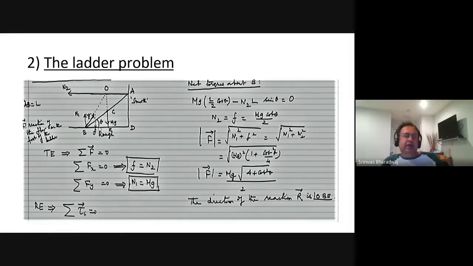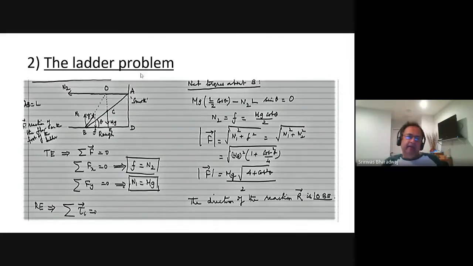So that's how he says mg times L by 2 cos theta is actually mg times L by 2 sine of this angle, because that is r and this is mg. So r cross mg: r is L by 2, mg sine theta, and the sine of this angle is the same as the cos of this angle. Therefore, he writes it as mg times L by 2 cos theta.